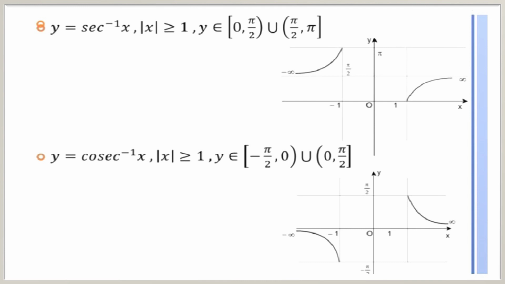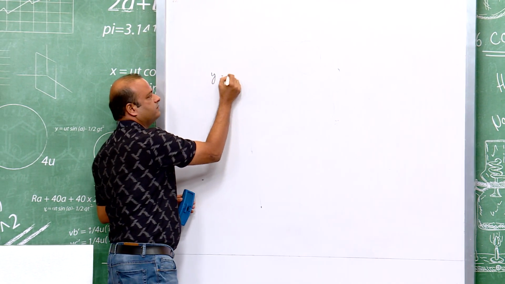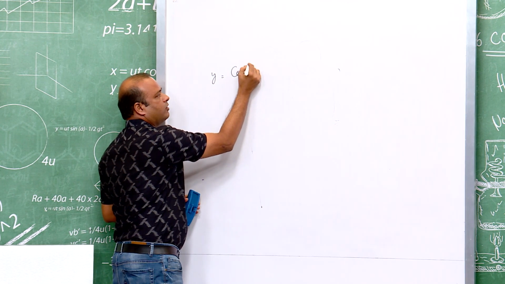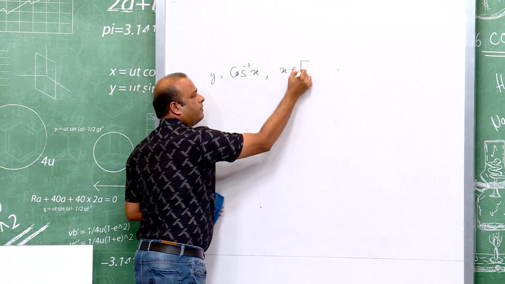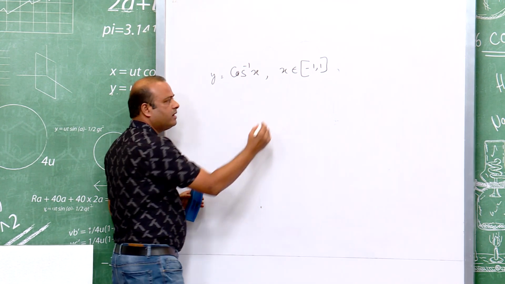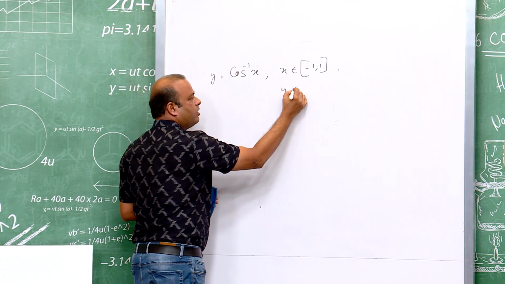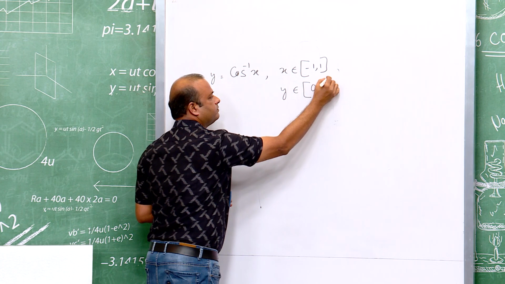So, you can take y is equals to cos inverse x, x belongs to the closed interval of minus 1 to 1 and y belongs to the closed interval of 0 to pi.